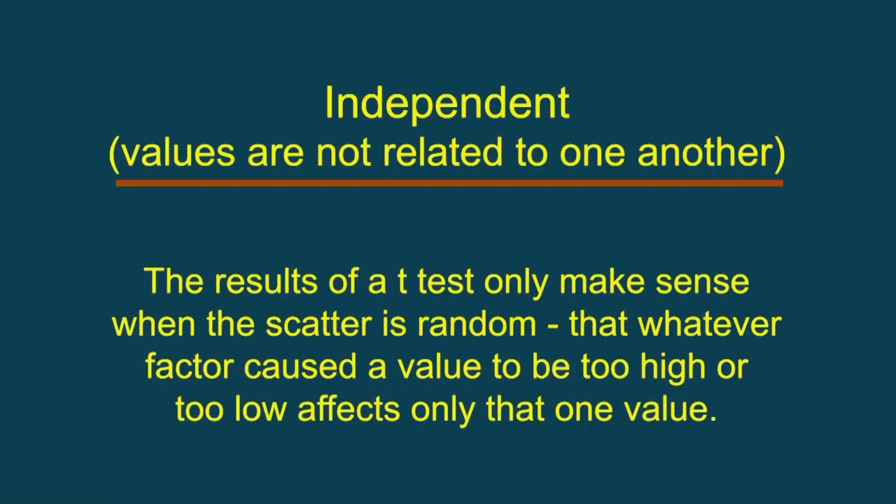So the difference between each observation from the group mean will be called the error. The results of a t-test only make sense when the scatter is random, that whatever factor caused a value to be too high or too low affects only that value. That means the errors are independent of each other. This is a very important assumption of two-sample t-test.